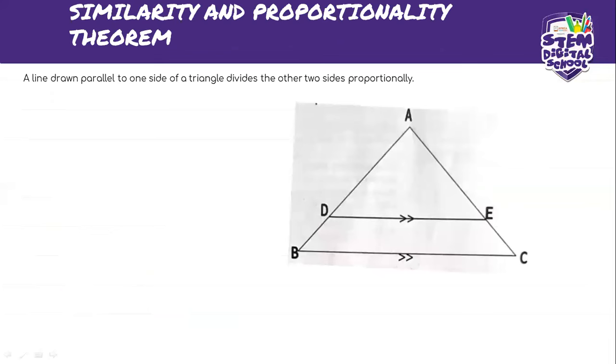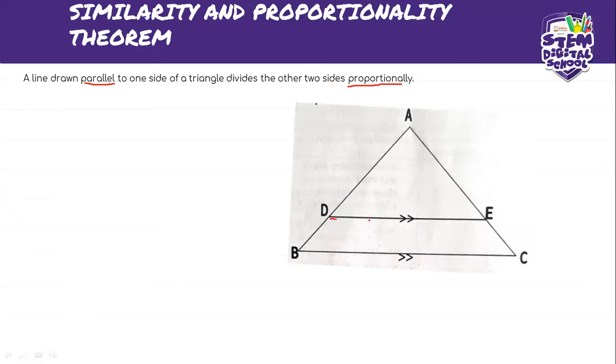They are saying a line drawn parallel to one side of a triangle divides the other sides proportionally. Which line are they referring to? A line drawn, which is this line DE.